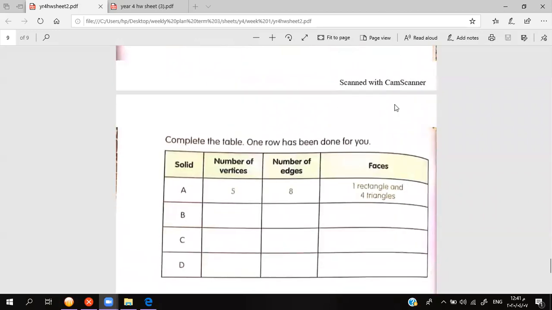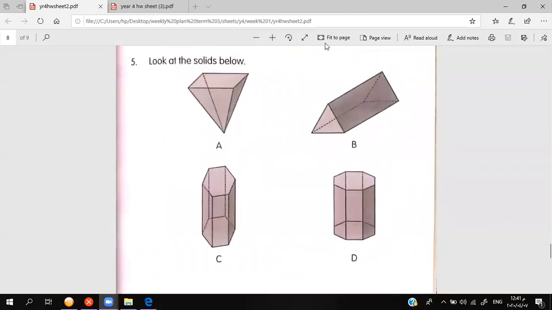Here, how many vertices? Let's count. 1, 2, 3, 4, 5, 6, 7, 8, 9, 10, 11, 12. So it got 12 vertices.